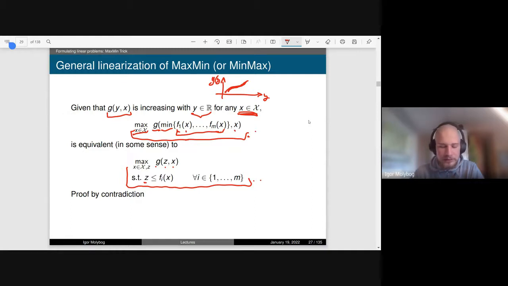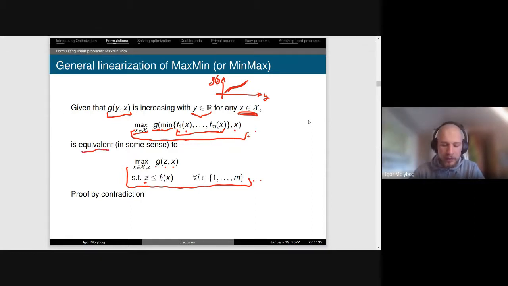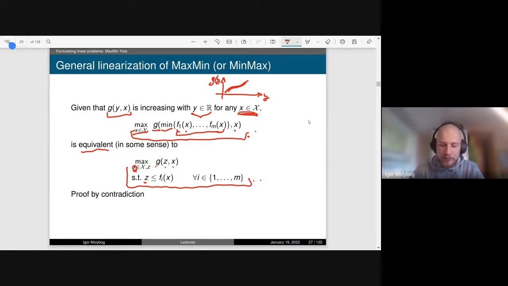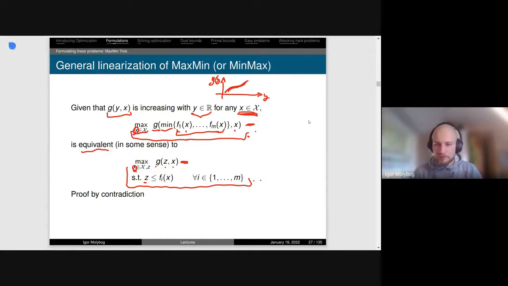I will just say what exactly I mean by equivalence. When I say equivalent, I mean that the optimal variable x from this problem would be exactly the optimal variable x from the other problem, and also the optimal value here is going to be equal to the optimal value of the original problem. So this kind of equivalence is the thing that I'm talking about.